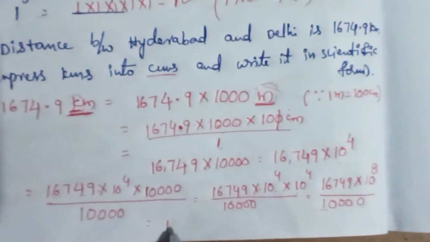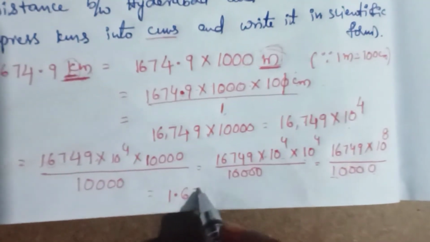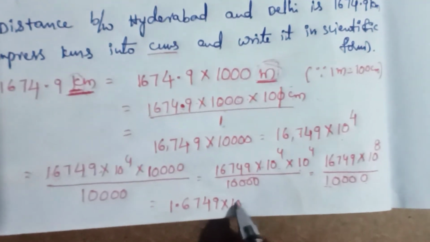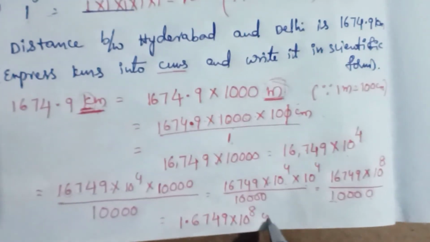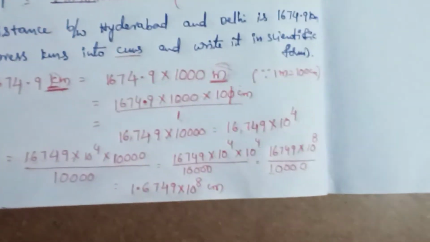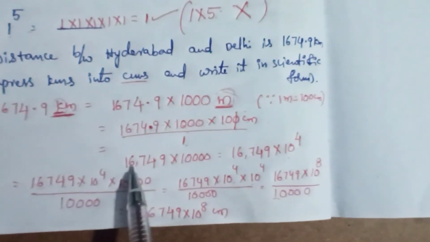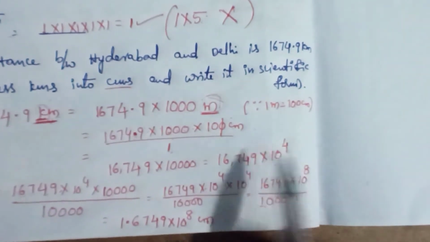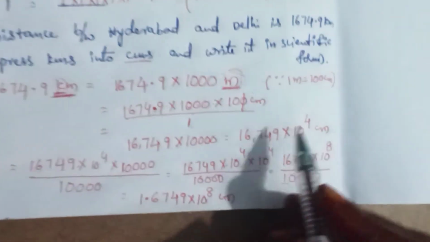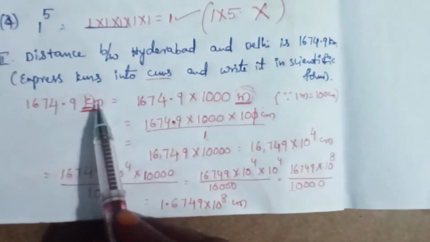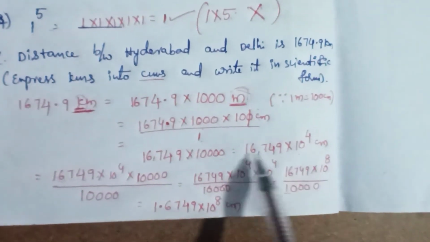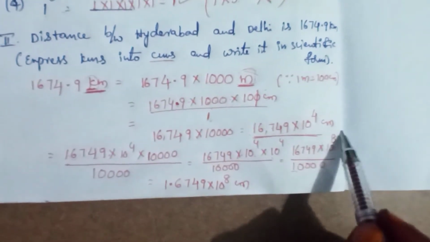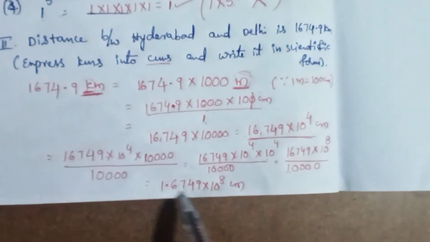So 1.6749 into 10 power 8 centimeters. These kilometers are now converted into centimeters, you get this answer. This is in centimeters and this is in scientific form.